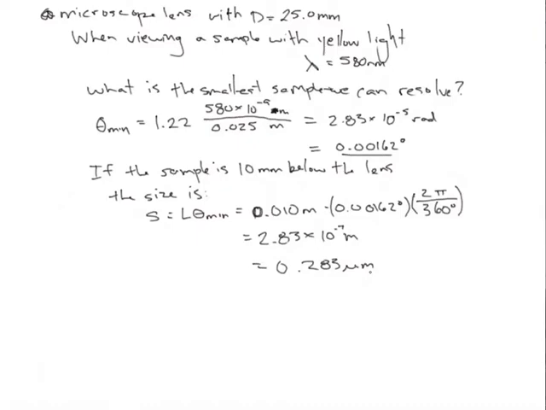So that will give us the resolution limit, and this resolution limit of things like microscopes and telescopes, and even for our eye, is called the diffraction limit. Realistically, quite often we have to worry about other things.